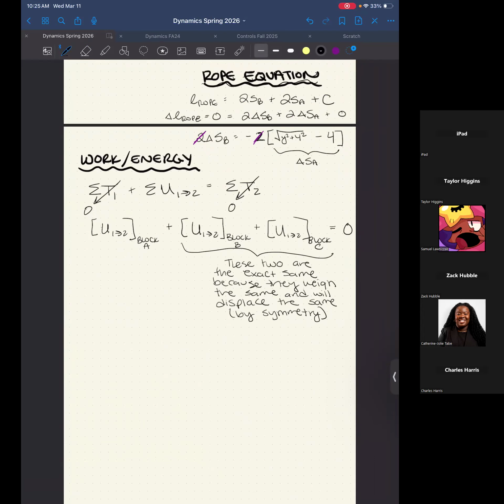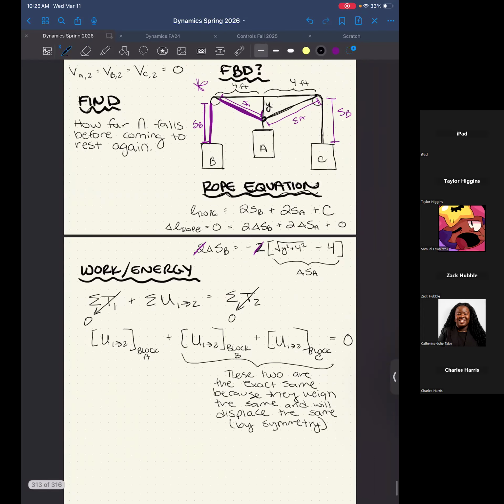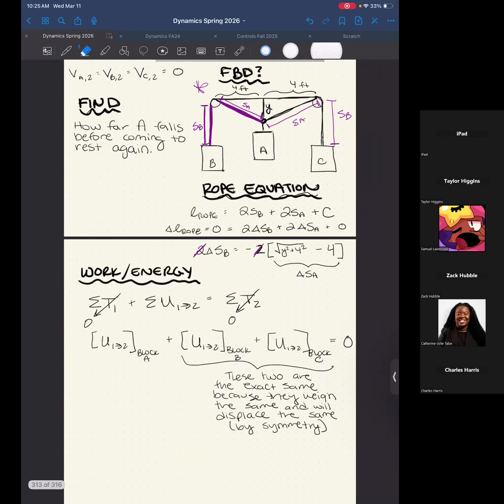Okay, so how can we write an expression for the work done by the weight on block A? Gravity times S_A. How much does block A drop? Does it drop by S_A? Oh, no. It drops by y.